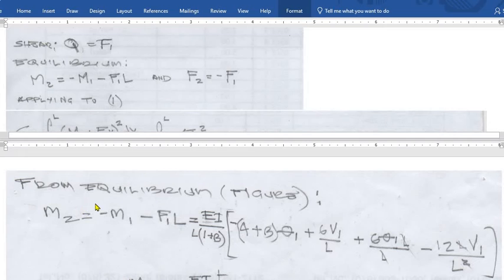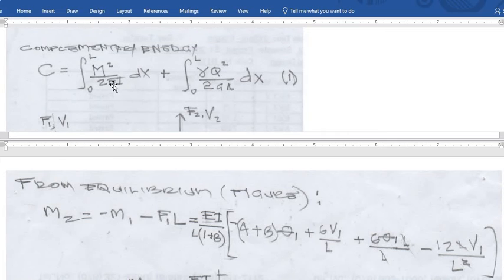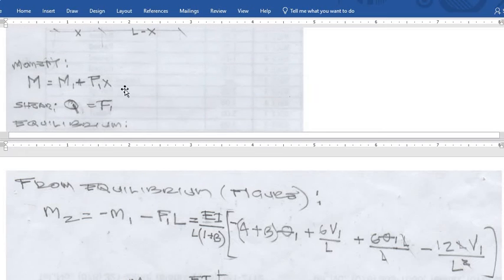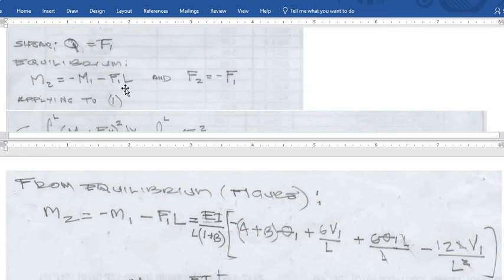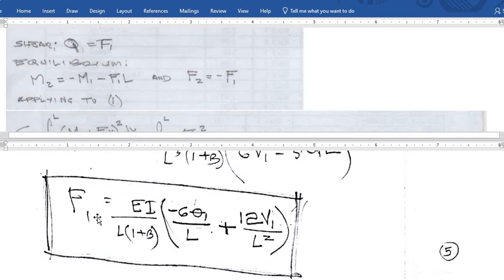And then from equilibrium figure, which is ito galing dito sa complementary energy, ito yung figure niya. So we have here M2 is equal to negative F1 minus F1L. Okay, so we will substitute now si F1 dito kay M2.